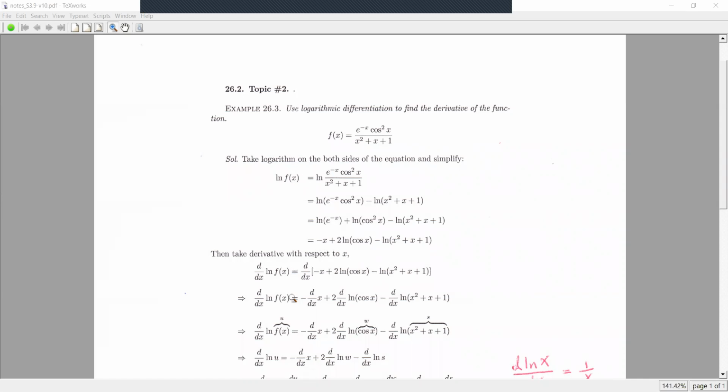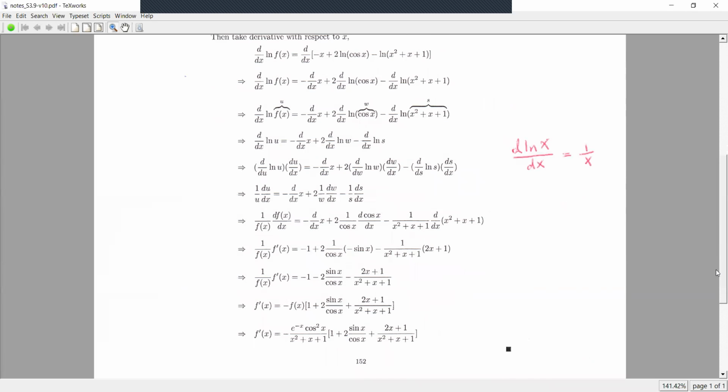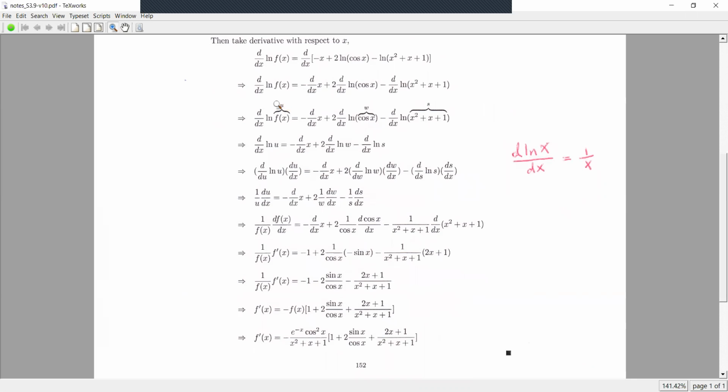Next, I want to simplify these functions. This function, and this function. I let u be f of x, w be cosine of x, s be x squared plus x plus 1. Then I have this equation.